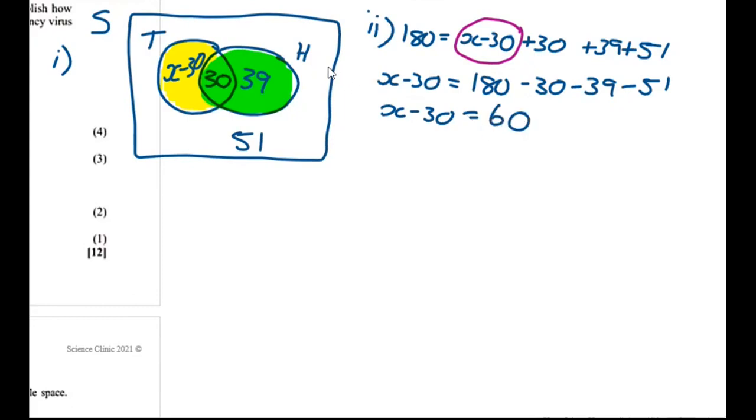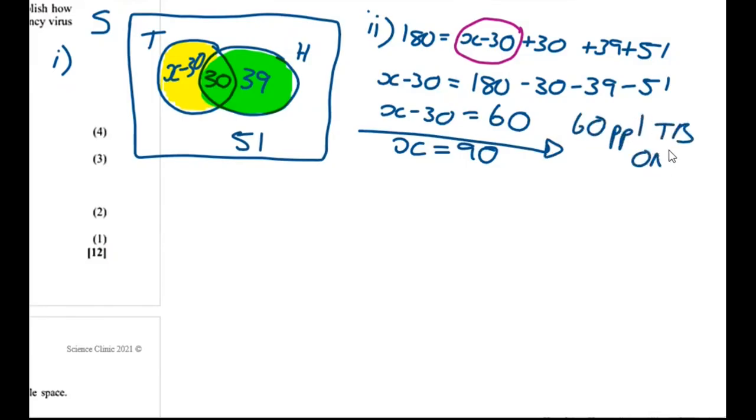Please pay attention to the question. If they had asked you to solve for X, you would have got X equals 90. But they didn't ask for X. They asked for how many people got TB only. So you would have stopped there. 60 people had TB only.